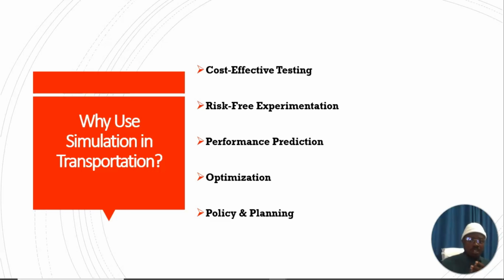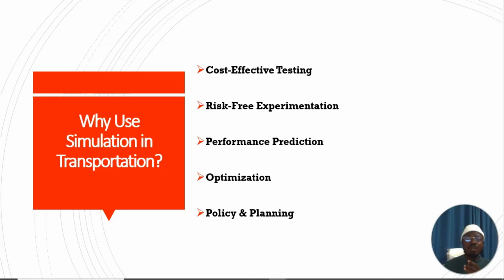But simulation gives us a ground to have a realistic view of how the transportation network or the intersection or the traffic light use will be effective. It gives us a good look at what it will look like when it is being implemented, and that saves us a lot of cost when it comes to testing.